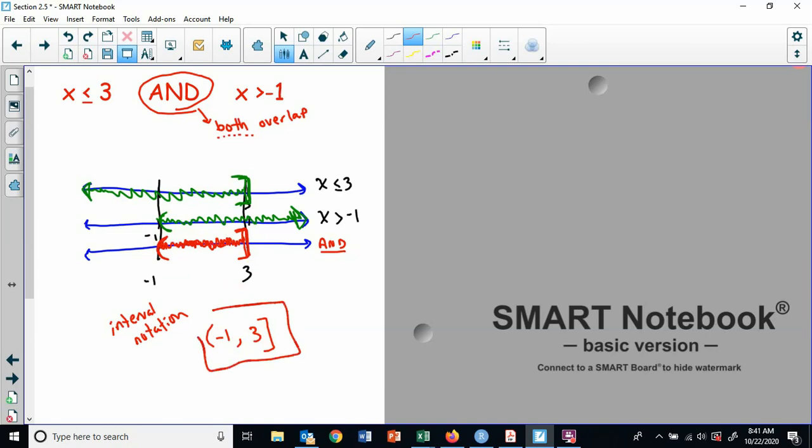Alright, awesome. So this is a little weird. It's our first example. But the 3-line method is just you graph one on the top line, you graph the other one on the middle line, and then the bottom line you have to use the word to put these two together. So putting these two together, we're looking for anywhere where they both happen or where they overlap. They overlap in the middle, and so that is our answer.